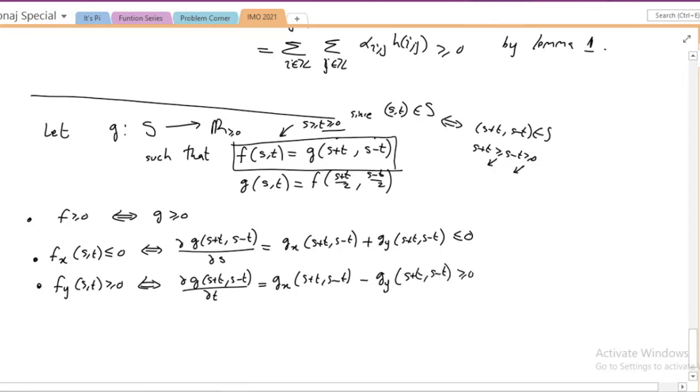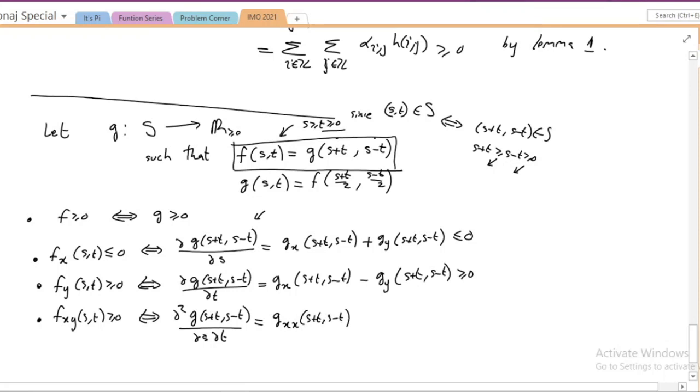So we get this greater than or equal to 0. For the last part, which is f_xy(s,t) equal to 0, differentiate both of these. What we could just do is write this first as g(s+t, s-t) ds dt. So we could differentiate this one with respect to t again. That would give for the first part 1, so that's g_xx(s+t, s-t).